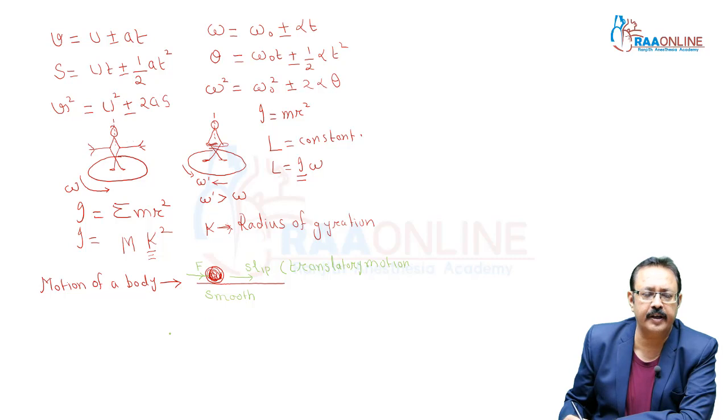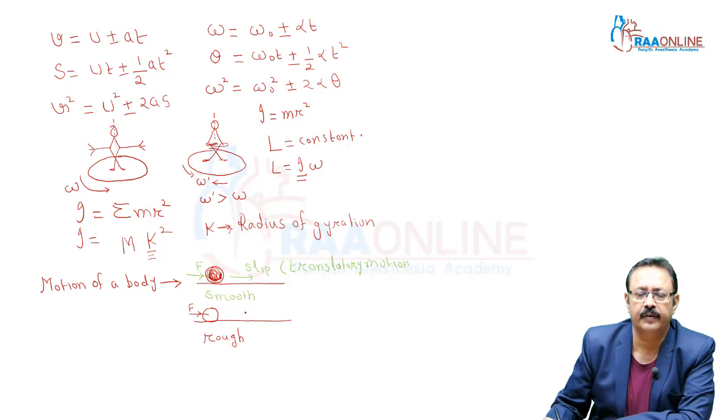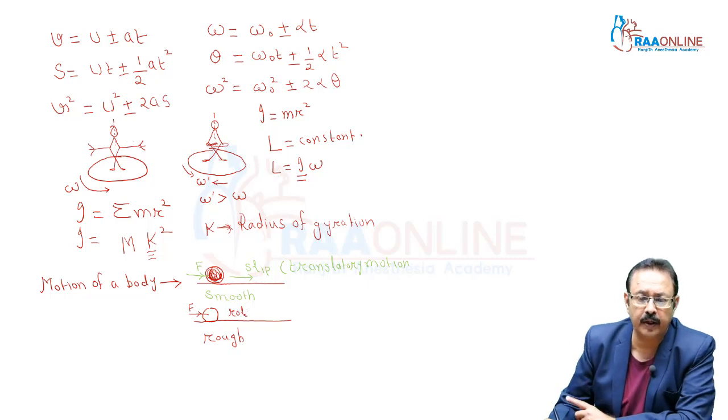But if this surface is rough, due to that interlocking, it will roll also. So translatory motion is there and rolling is also there.